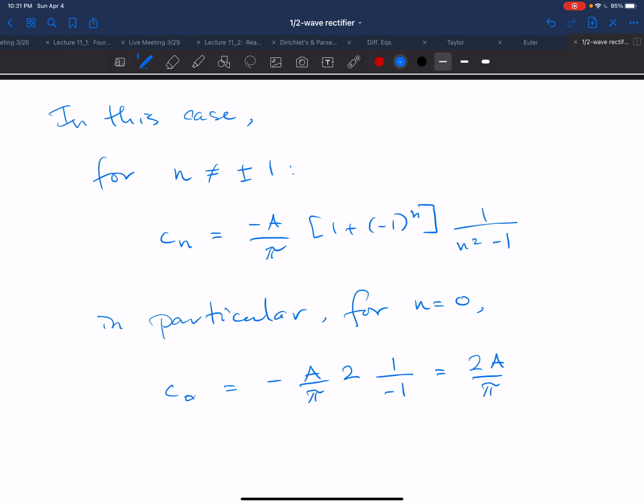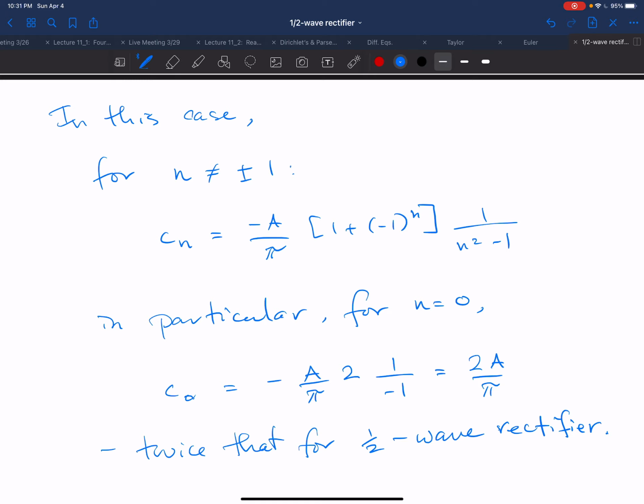So just as your intuition might suggest, the constant component of the Fourier series has twice the value that it did in the case of the half-wave rectifier. So this gives us a much bigger DC component, twice as big.